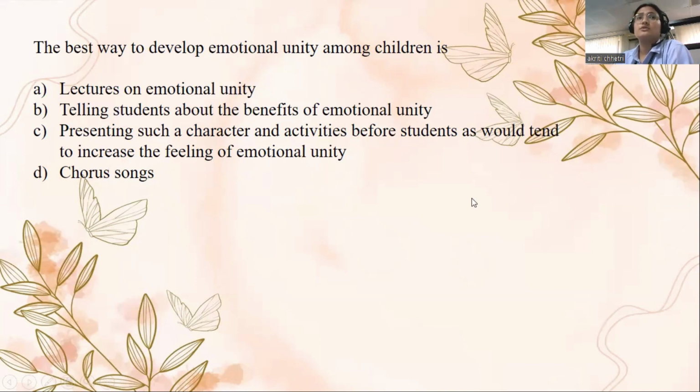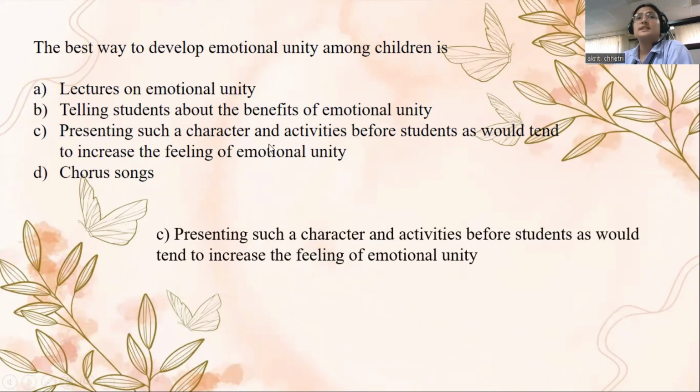So what are you going to do? You have to present such character and activities before students as would tend to increase the feeling of emotional unity. You can give a lecture to them. You can tell students about the benefits, but you have to present such character and such activities. You have to involve your students in that, which will increase the feeling of emotional unity.